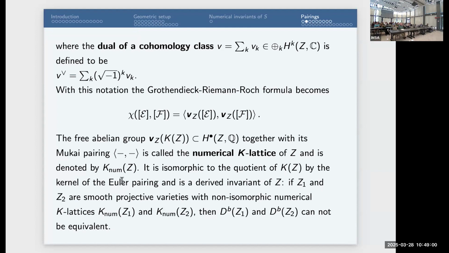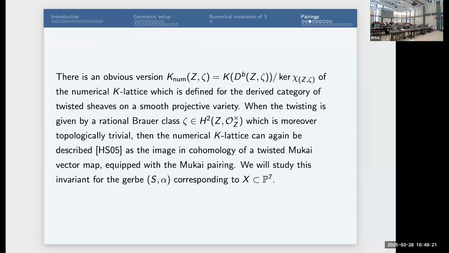I'm not going to worry about which subgroup it is, instead we'll just work with the larger lambda and show that it does not contain any classes that could be the class component. Anyway, it's a quotient of K by the kernel of the Euler pairing, and it's derived. That was the straightforward version.